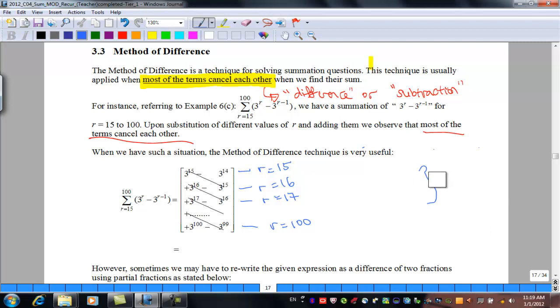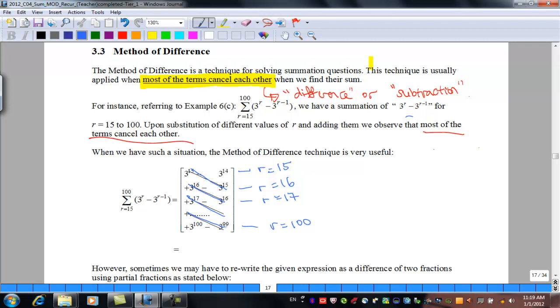This presentation is favored by mathematicians because it allows us to easily see the cancellation. What we can immediately see is that 3 to the power of 15 will cancel with negative 3 to the power of 15 this way. 3 to the power of 16 will cancel with negative 3 to the power of 16. And we expect this pattern to continue, cancelling all the way until the last row.